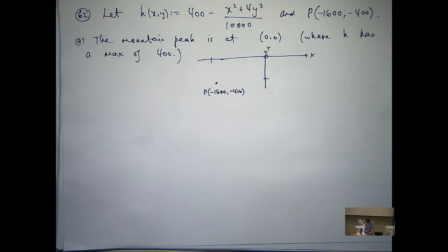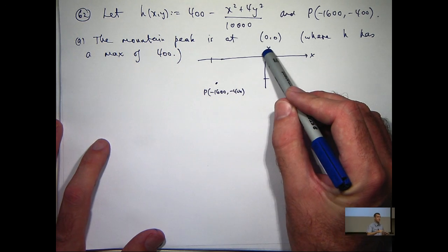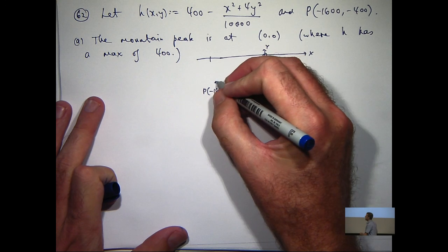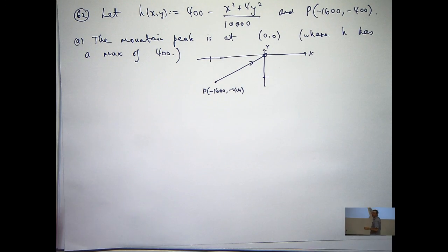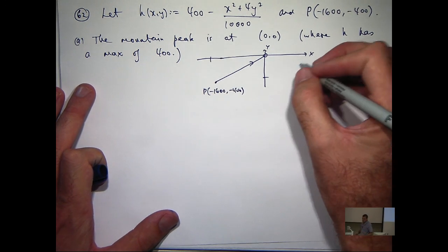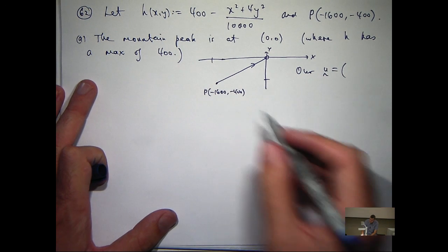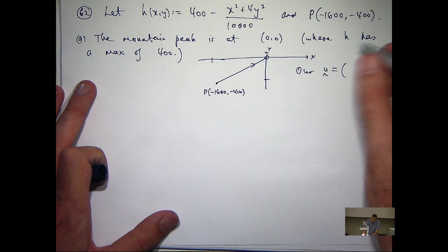Yeah, well, all you have to do really is look, so you're right, but technically speaking, you'd want to have the whole vector in here, right? So the vector would be something that starts there and is pointing that way, 1600, 400.